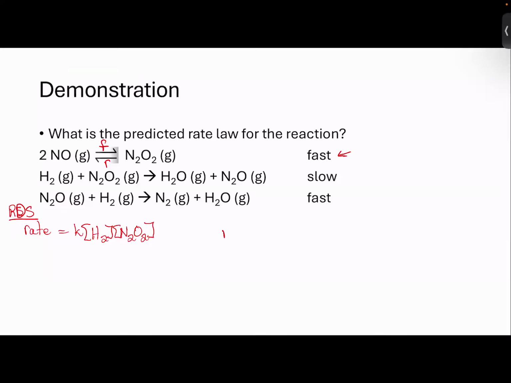We can say the rate of the forward reaction is equal to its rate constant times NO squared. And we can also develop a rate of the reverse reaction, which is equal to its rate constant times N2O2.